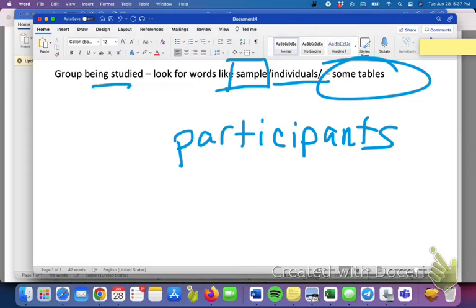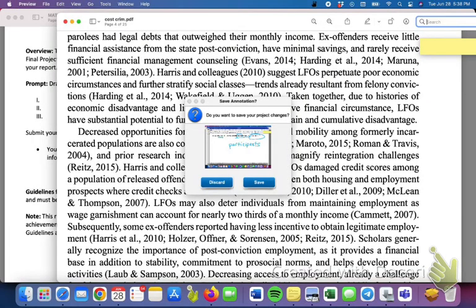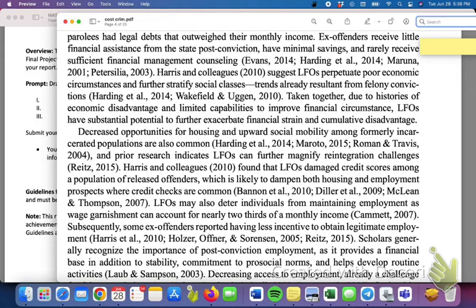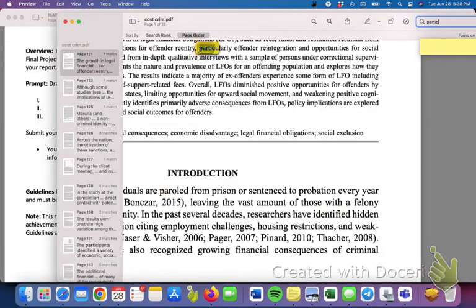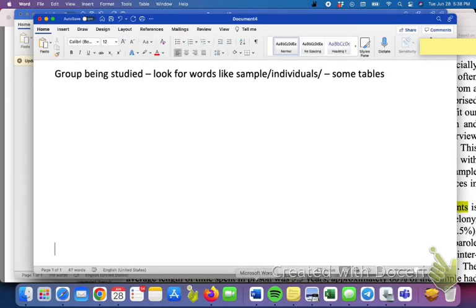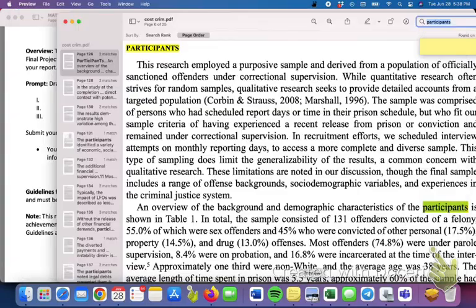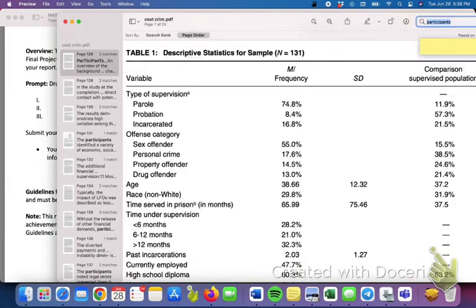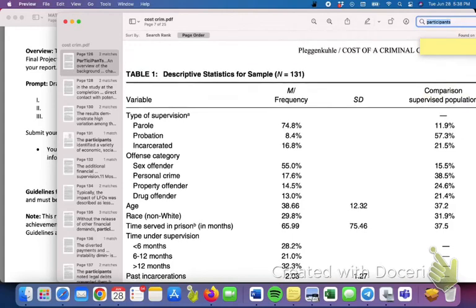So if I'm going back to my article, say I want to go up here and search participants. Yep, there we go. It's right there. So again, those are words that you want to use if you're trying to search. And then a lot of the time they will also provide information, which you can see right here.